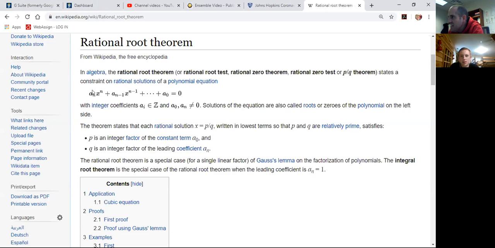And if the leading coefficient, the number sitting next to x cubed, is 1, then the only possible denominator in a rational root would be plus or minus 1. Does that make sense? Yeah, sort of.